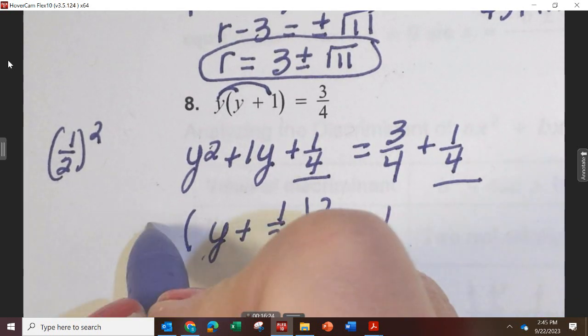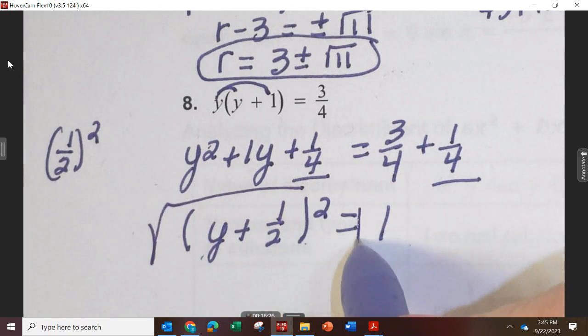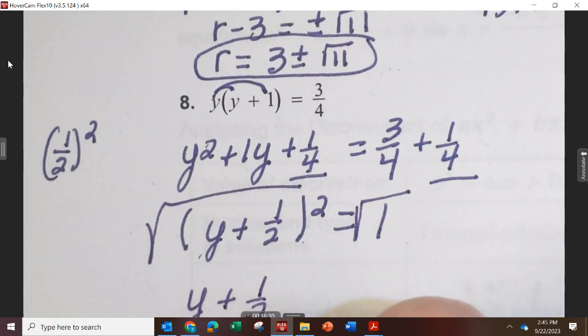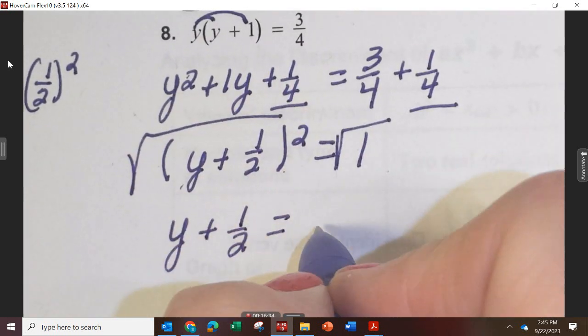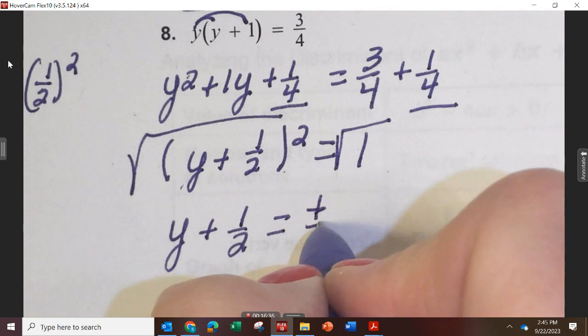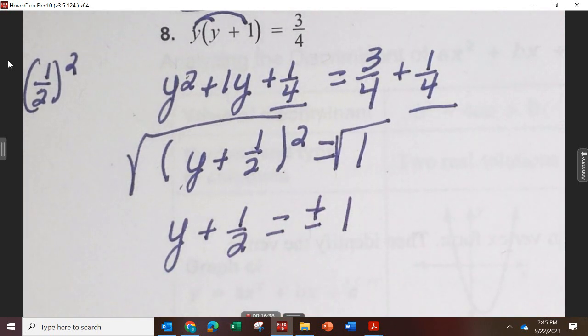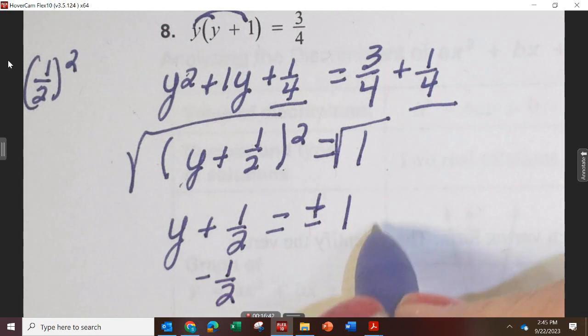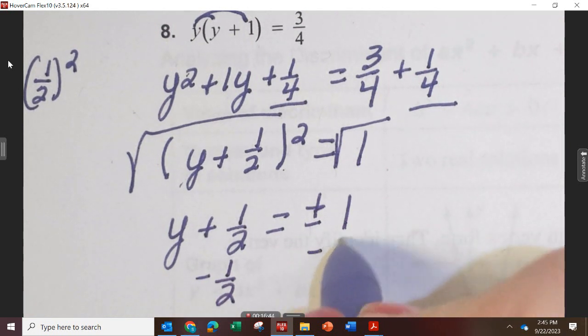And now we finish. We take the square root of the left, square root of the right. What do I have to put in front of the square root of 1? Plus or minus 1. And now I have to subtract 1/2 from both sides.